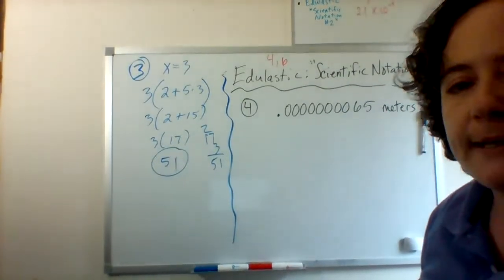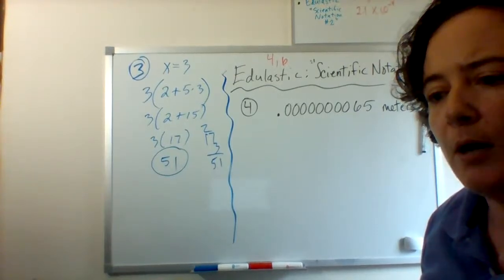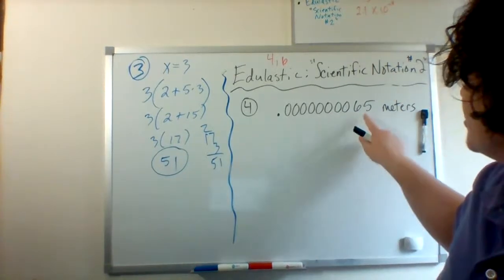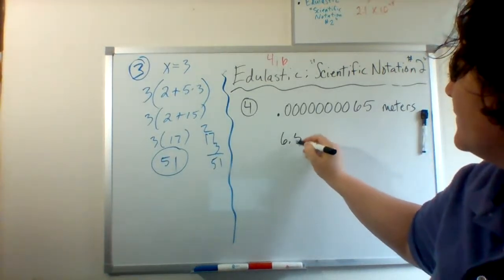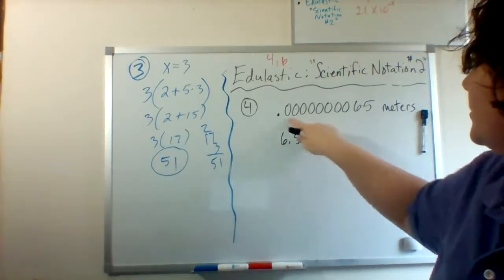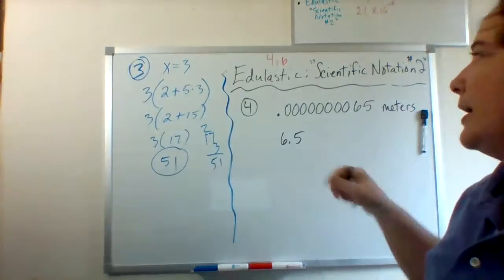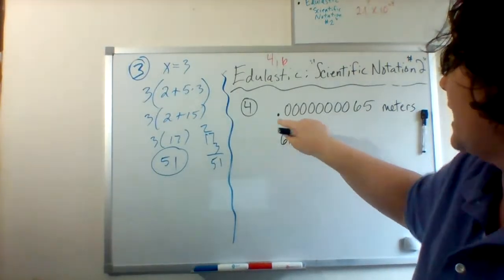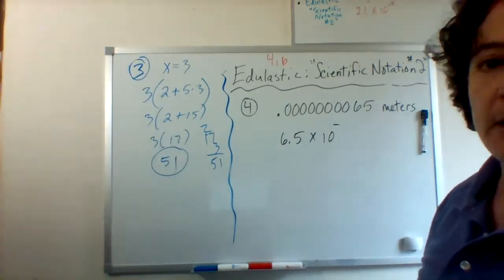So remember that in scientific notation, the coefficient or numerical factor has to be between 1 and 10. So I would use 6.5, but I have to get back to this number. Where the decimal is right now, is it moving to the left or to the right? It would be moving to the left, so it will be times 10 to something negative.